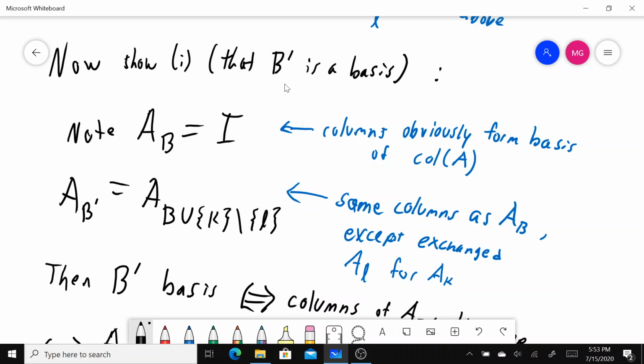But B prime is very similar to B, and B is a basis. We're taking out one particular index.